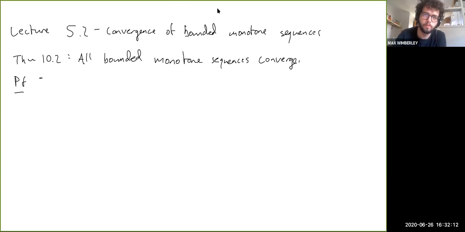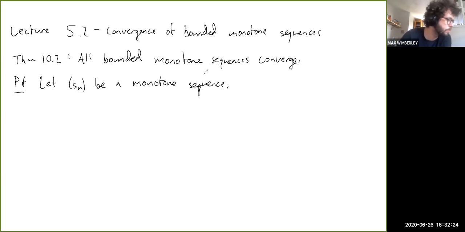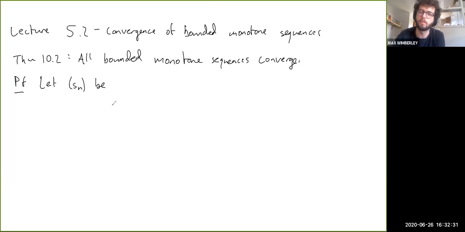So let S_n be a monotonic sequence. In fact, sorry, let's focus on monotonically increasing sequences. The proof doesn't really change for increasing or decreasing. There's just a very minor adjustment that you make.